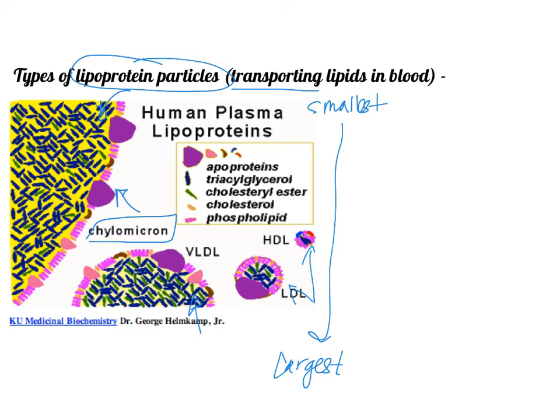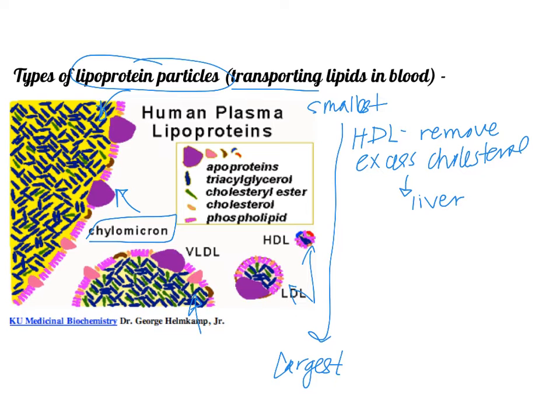Okay, the smallest obviously is HDL, which stands for high density lipoprotein particle, and its main function is to remove excess cholesterol. And when it removes it, it brings it back to the liver.